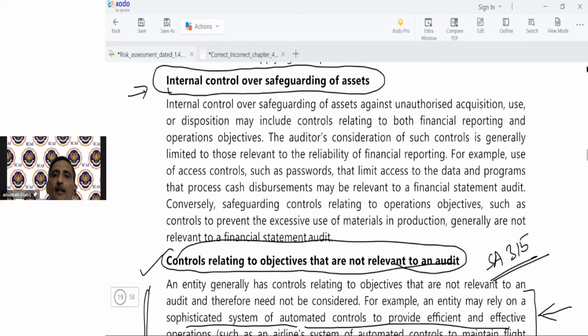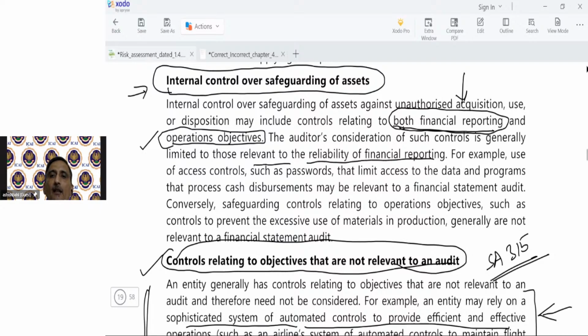So such types of controls are related to both financial reporting and operations objectives. These controls can relate to both financial reporting and operations objectives. So the auditor's consideration for such control is limited to those relevant to the reliability of financial reporting.